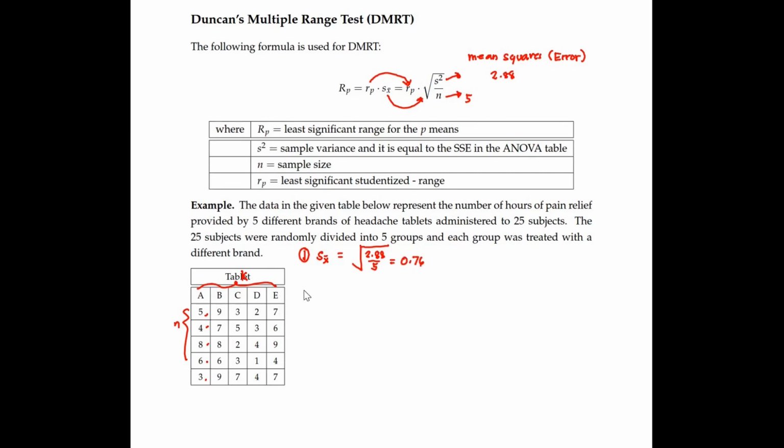And then for step number 2, we will have a table for p. We have the small r sub p, and we also have the capital R sub p.